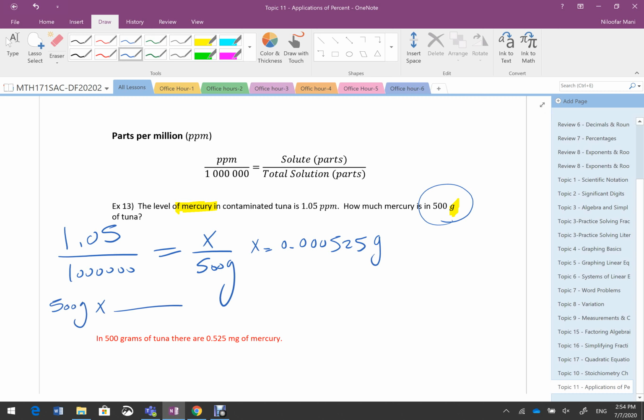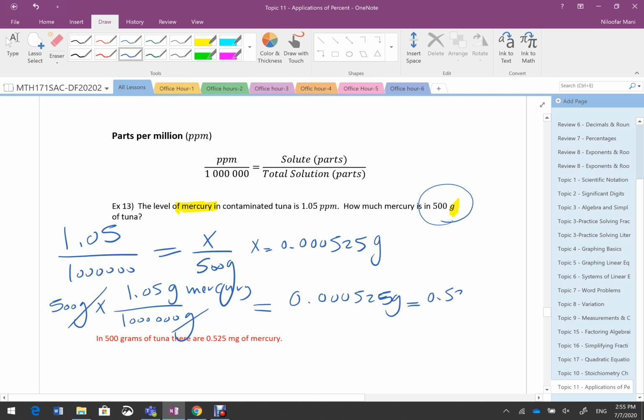So I write 1 million gram down because I want to cancel total and total, and I want to bring part per million, so this many gram of mercury equals this, and this cancels. So what is the answer? The answer is 0.000525 gram, or I can say it is 0.525 milligram mercury.